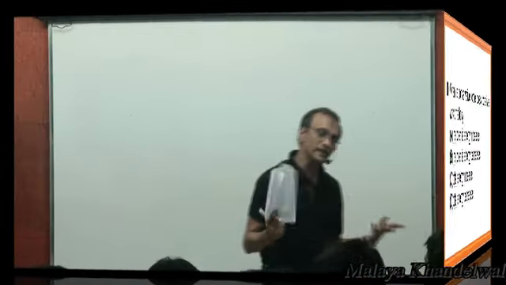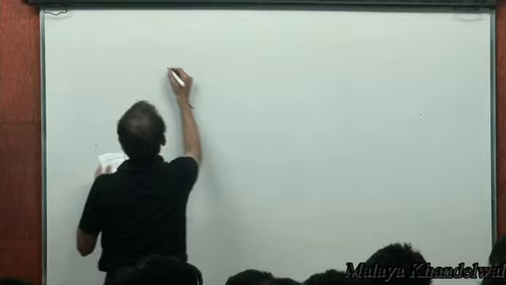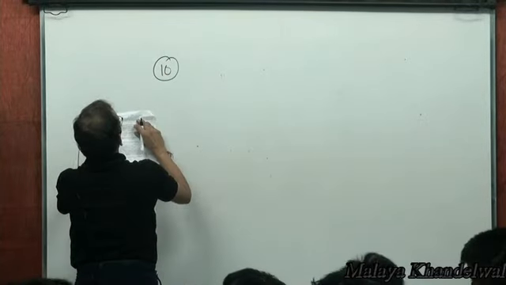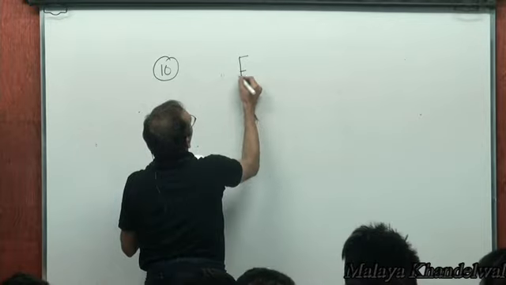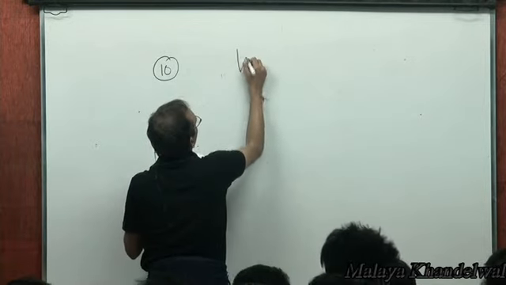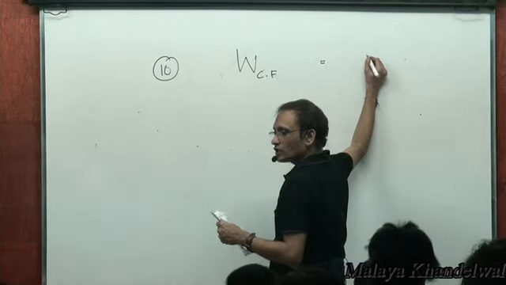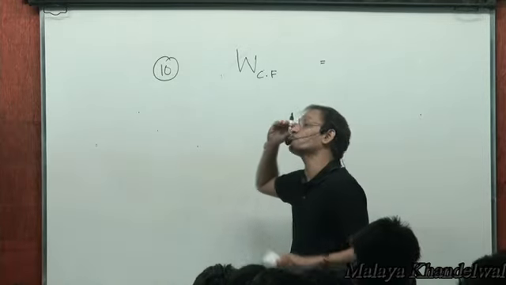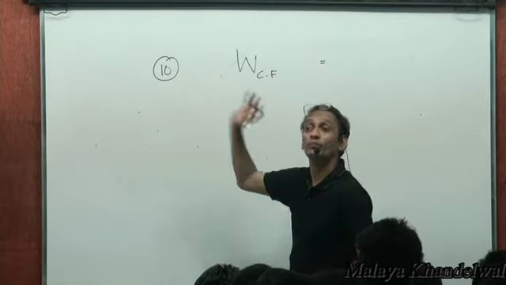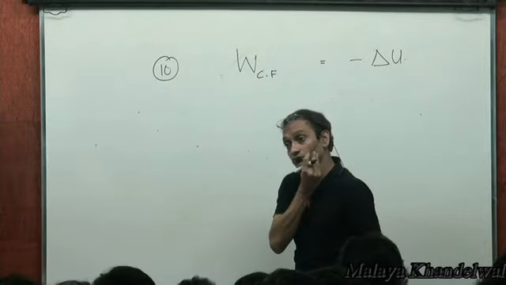Work done by an external force would be change of potential energy. Work done by the spring force would be negative of the change of potential. So number 10, when a conservative force does positive work, by definition, work done by the forces of the field would be negative of the change of potential energy, would be minus delta U. That's how delta U is defined.